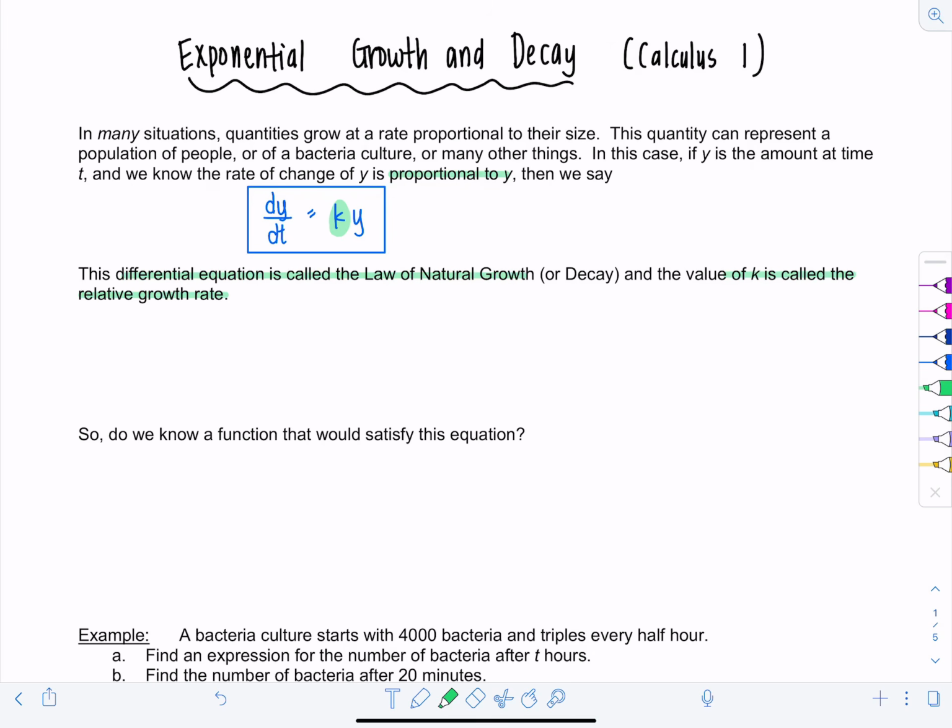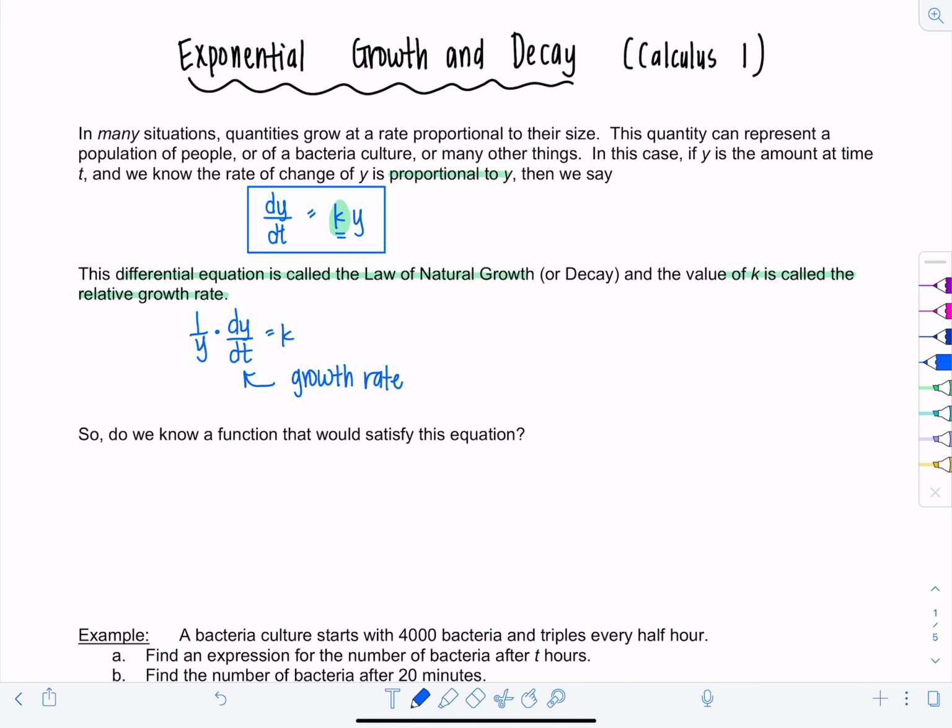So let's break down this differential equation a little further. If I wanted to isolate k, I would divide both sides by y. So we'd have 1 over y times dy/dt is equal to k. All right. Well, here, dy/dt, that's the growth rate.